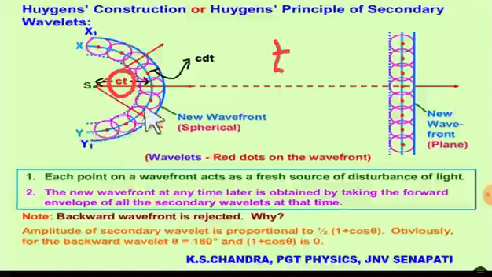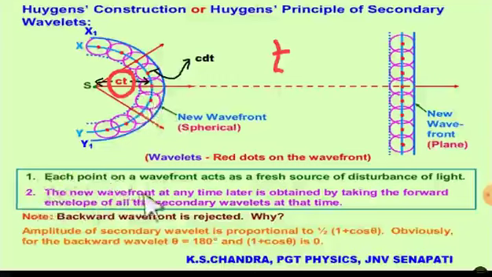All those points will act just like the parent source, emitting that disturbance, meaning the wave. This will distribute the light waves in all directions. That is the first principle. Now the second principle is what?